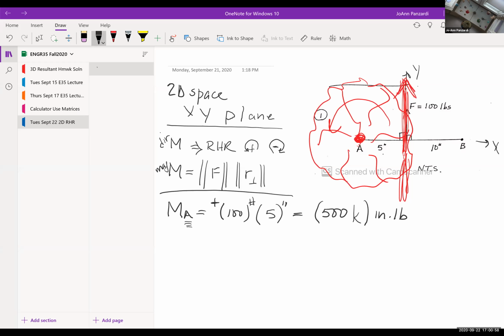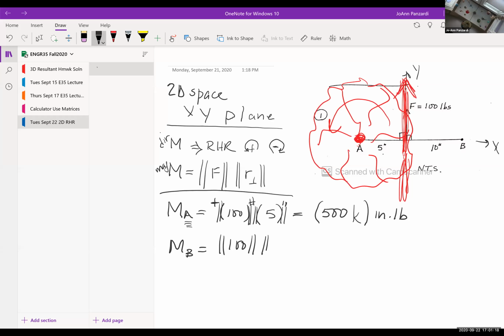Okay, let's do the moment about point B now. Again, it's the magnitude of the force. What's the magnitude of the force? 100.